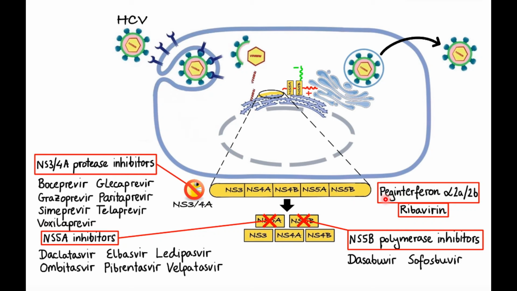Pegylated interferons are interferons chemically connected with polyethylene glycol, which increases the half-life in the blood and prolongs the duration of action, because usually human interferon alpha is not very stable and is destroyed very fast.